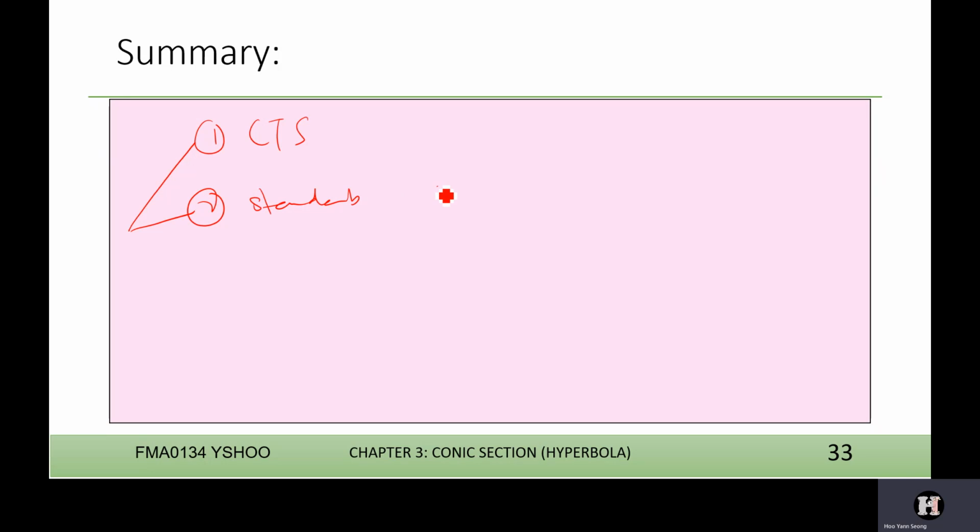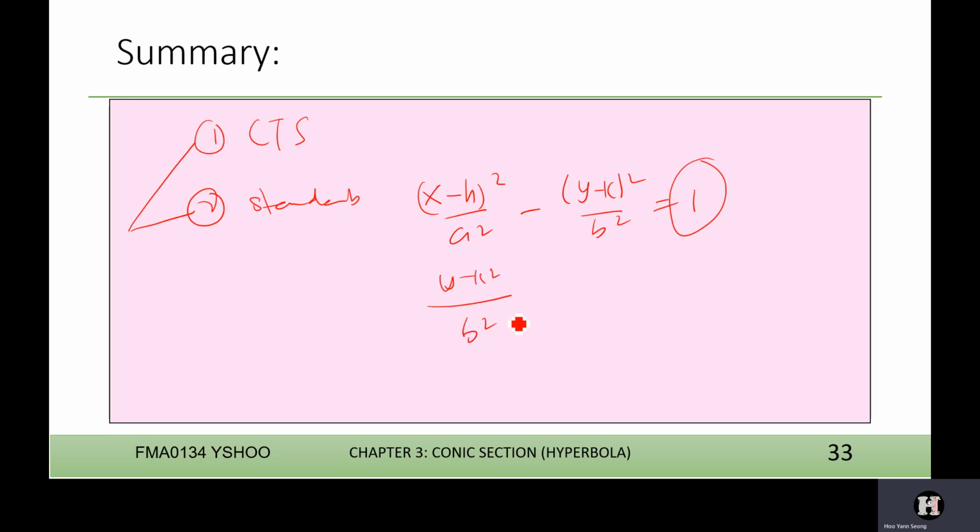This standard form is either (x minus h) squared over a squared minus (y minus k) squared over b squared equals 1. Remember this one is 1. Or the other way, (y minus k) squared over b squared minus (x minus h) squared over a squared equals 1.